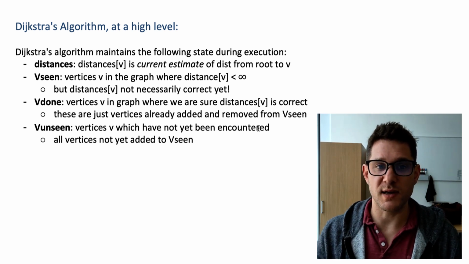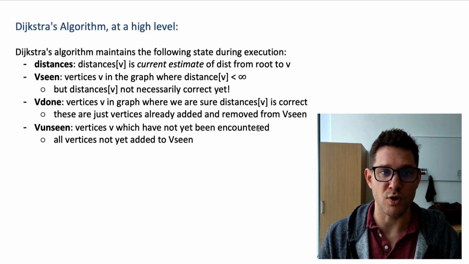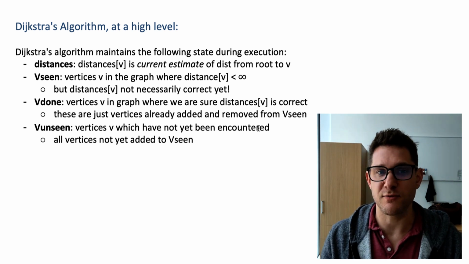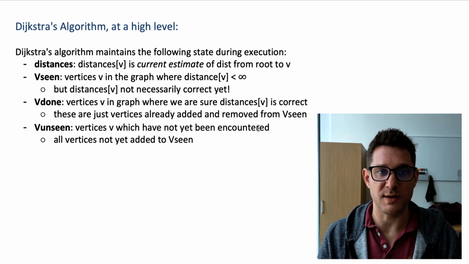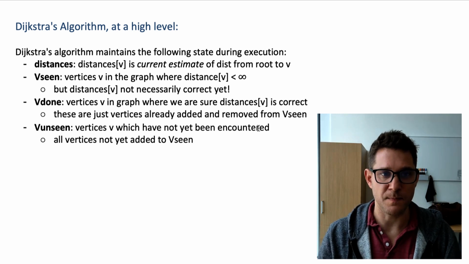What distances is doing is measuring a current estimate of the distance from the root node to every node v. This will be initialized at infinity for every node that isn't the root node, and the values in distances will be progressively decreased as the algorithm iterates.